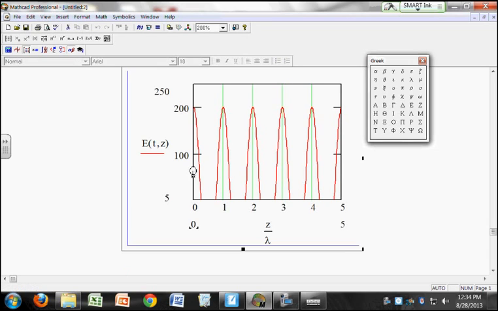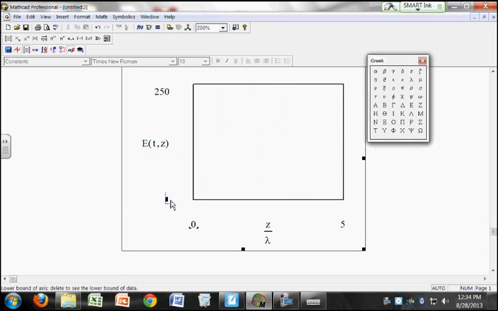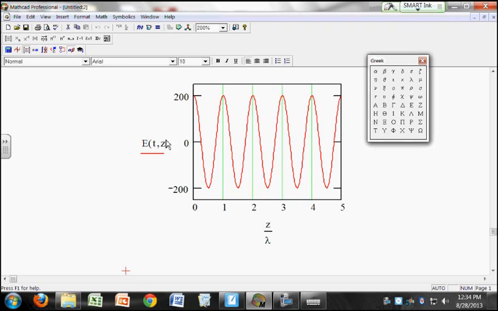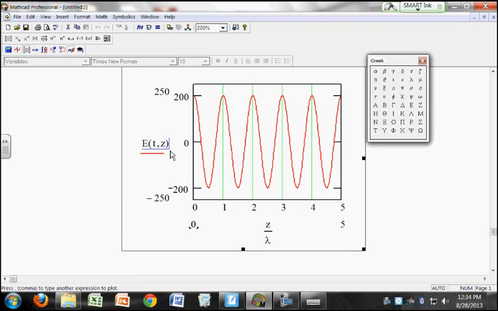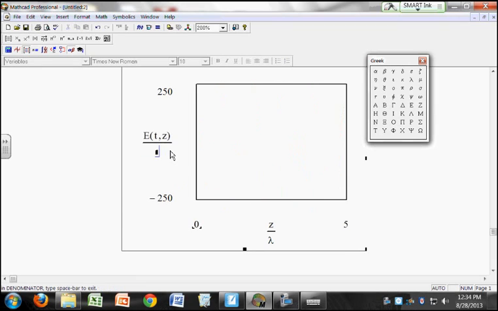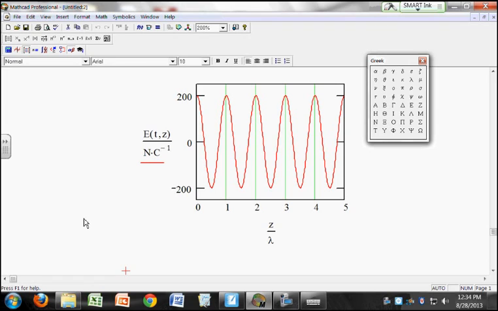Oh, by the way, my electric field, I need to divide that by the unit, which is, what's the unit for electric field? Newtons per coulomb. Okay. Just to avoid any problems later on.